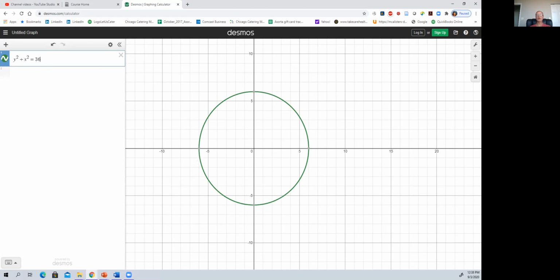So my message to you all, with regard to evaluating if an equation is a function, is to pull up a program like this, type in the equation, see what the graph looks like, and do the vertical line test. The best way to find out if an equation is a function is to graph it and use the vertical line test. The algebra could be super complicated, so we're not going to go over that.